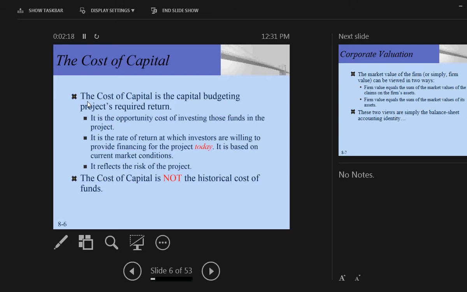So let's first agree that the cost of capital in a capital budgeting project is the required rate of return. It's the opportunity cost of investing whatever fund you want to invest in a project. What is that opportunity cost? In essence, you want to think from a perspective of an outside investor.